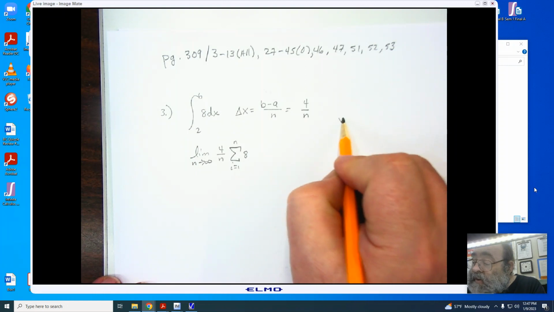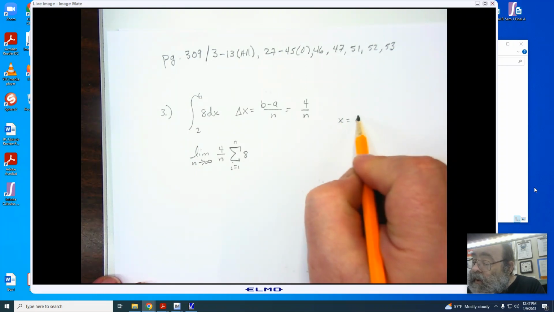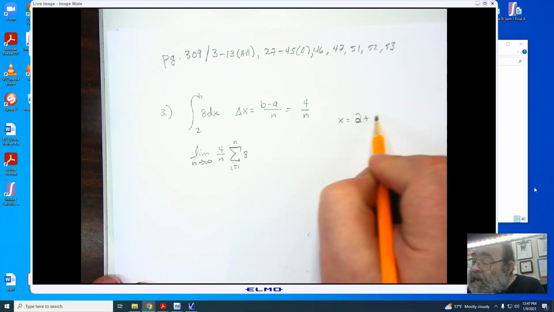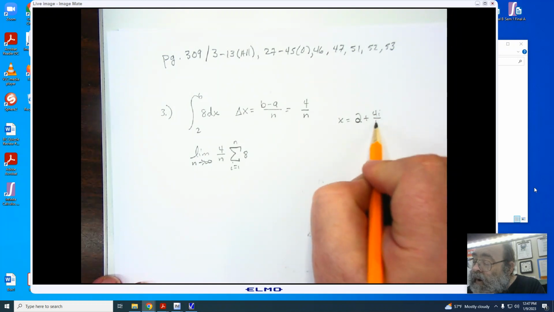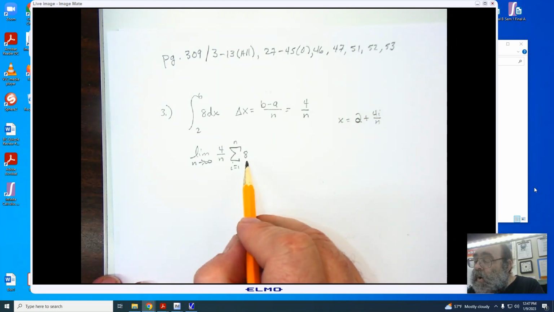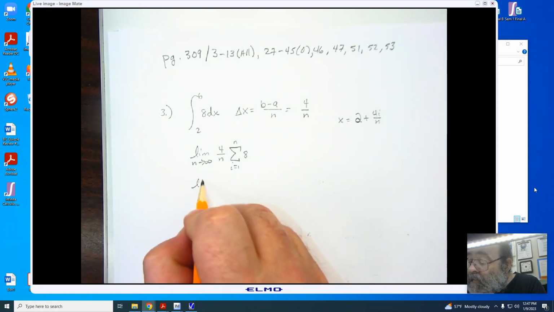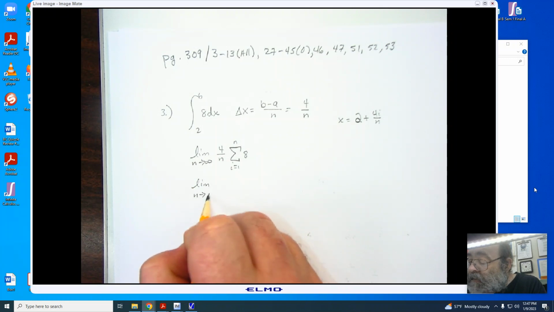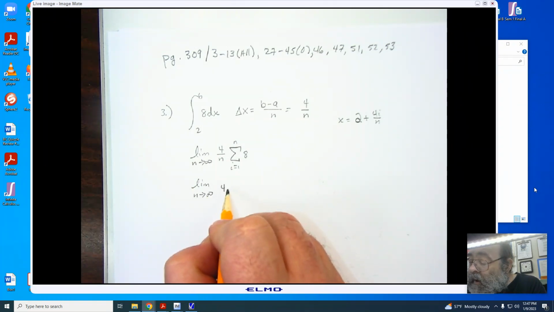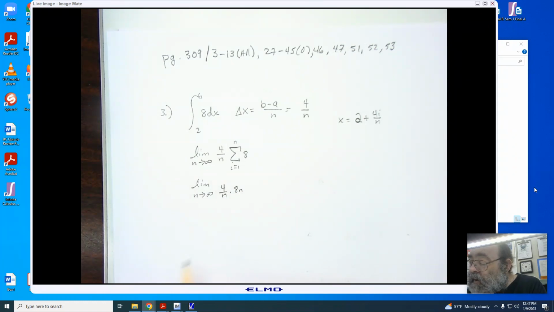Now remember, our x is going to be our initial term, in this case 2, plus 4i over n. But because there's no x in the problem, there's nothing for me to replace it with. So we're looking at the limit as n approaches infinity of 4 over n times 8n using our formula for a constant, and our answer turns out to be 32.